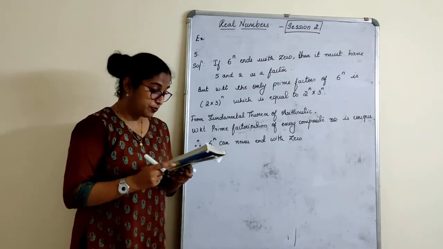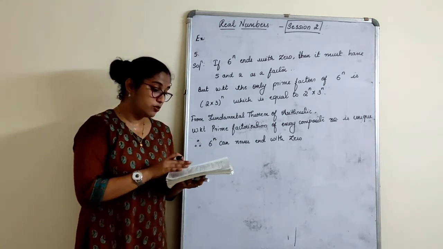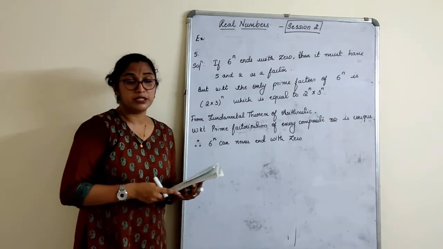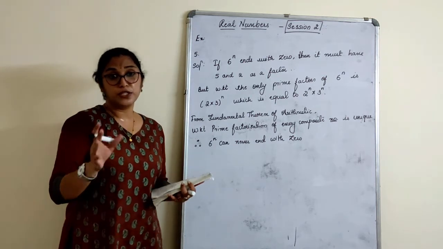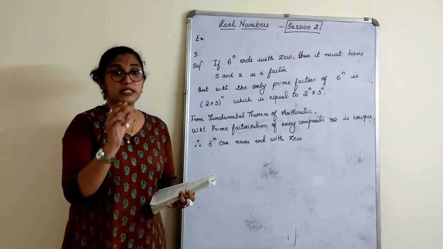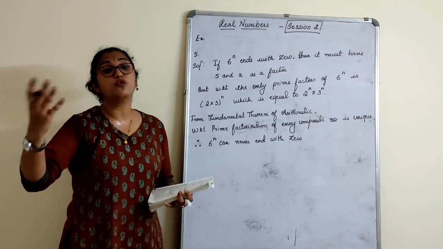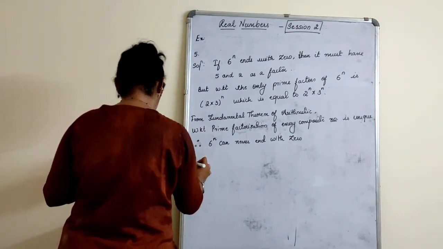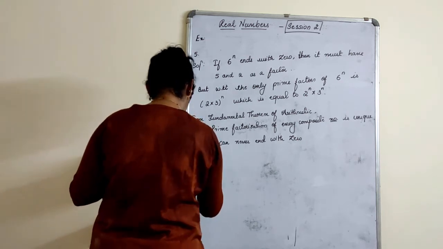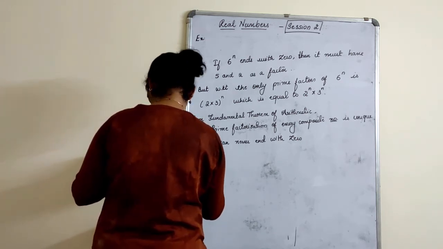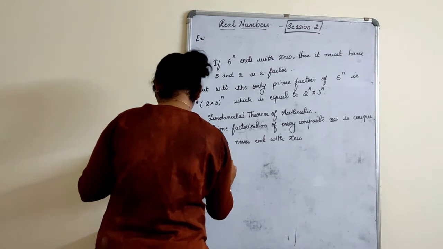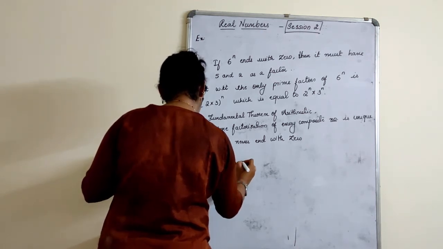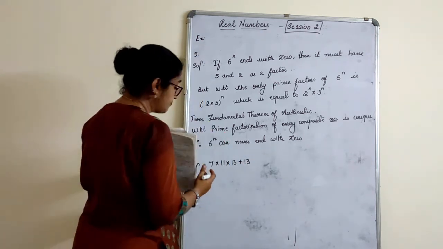The next one, explain why the given two numbers are composite numbers. Now what are composite numbers? Composite numbers are the numbers which can be expressed as a product of two or more prime factors. Let's do that. Sixth one, solution. 7 into 11 into 13 plus 13.